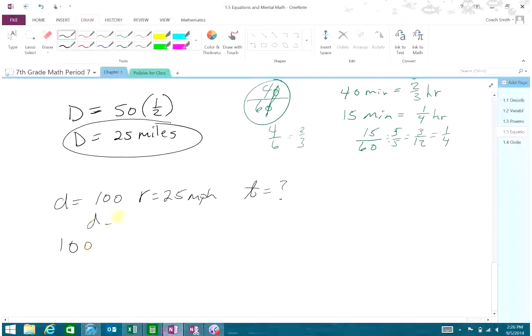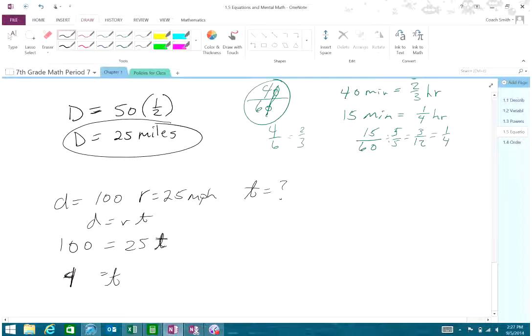I plug it into my formula, D equal RT. 100 equal R, which is 25, times T. Now they want to use mental math. 25 times what number equals 100? 4. So T would be equal to 4.